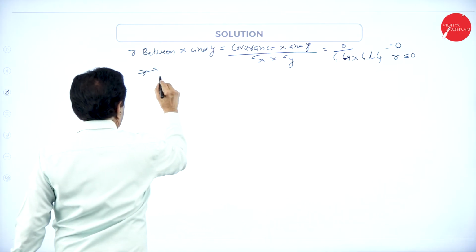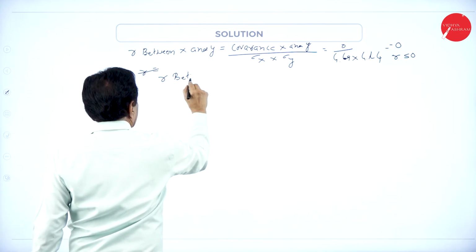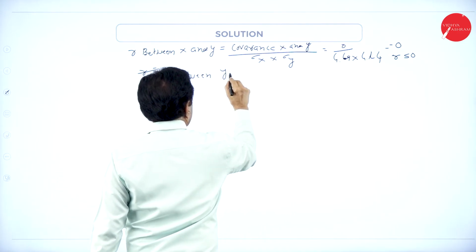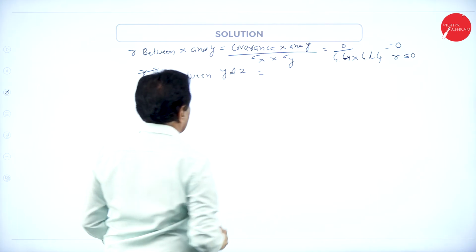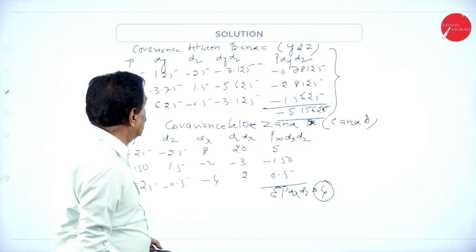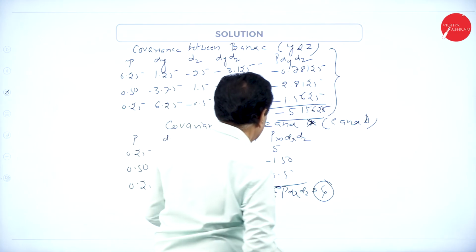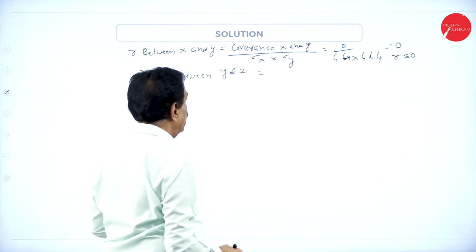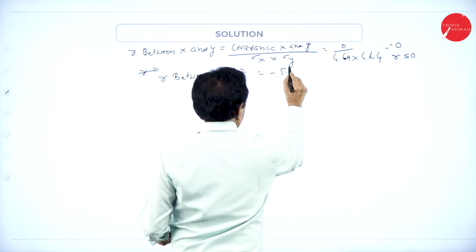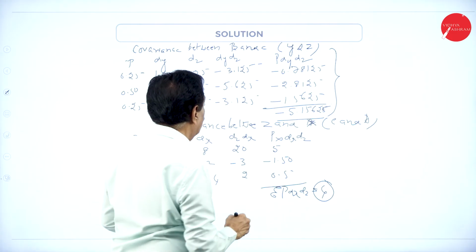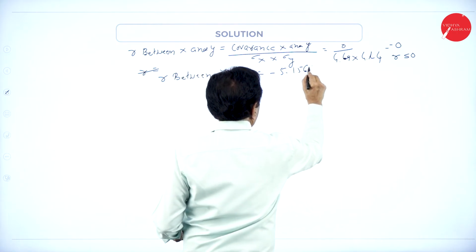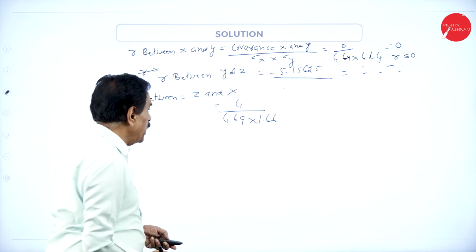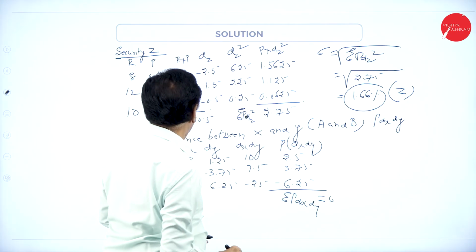Now r between y and z. This is minus 5.15625. Now standard deviation: here come back.